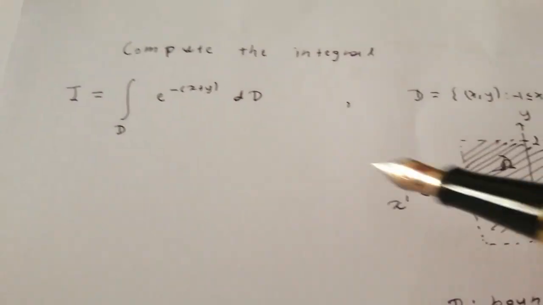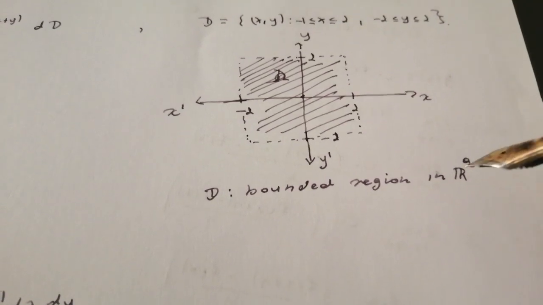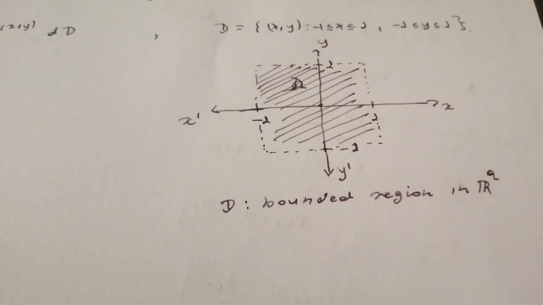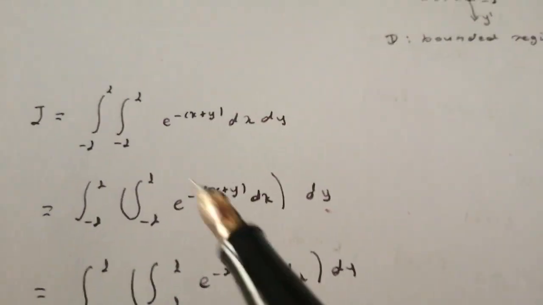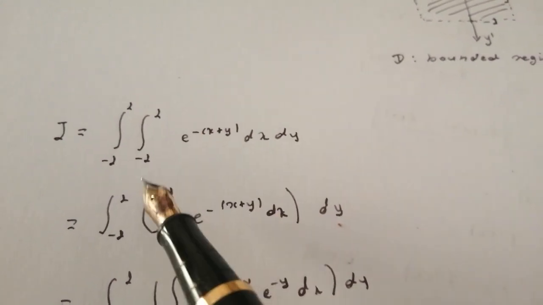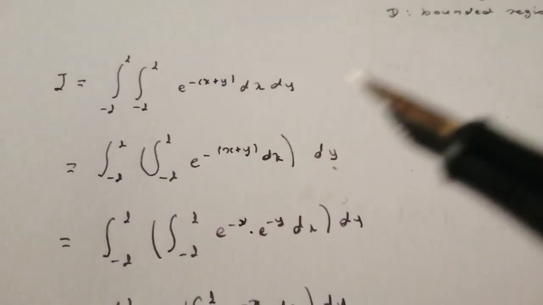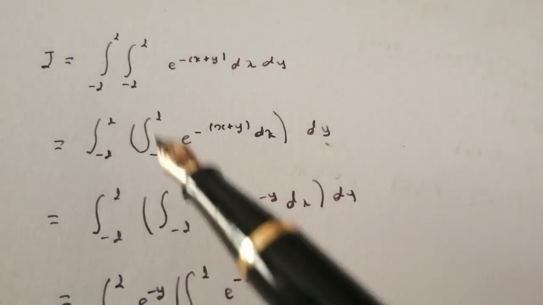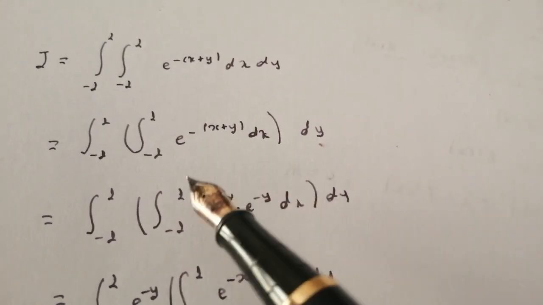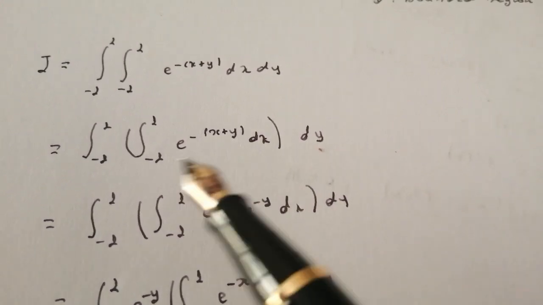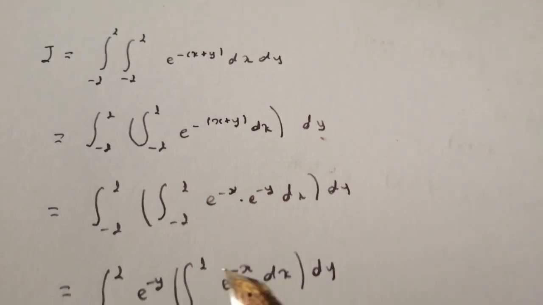We would like to find the integral over this bounded region in Euclidean space R2. It's a rectangular region. We have the bounds of integration for variable x and the bounds of integration for variable y. We can compute the first integral which lies inside, and then go towards the outer integral.